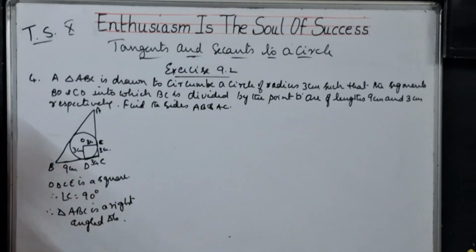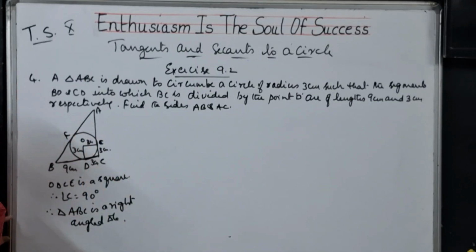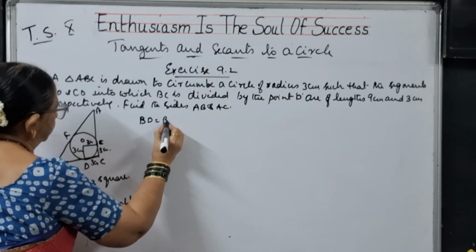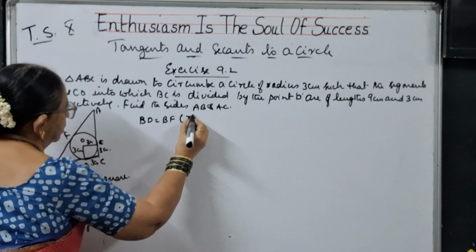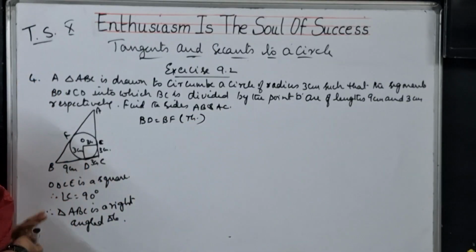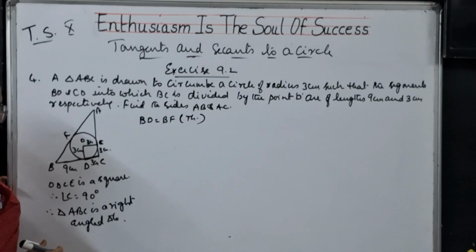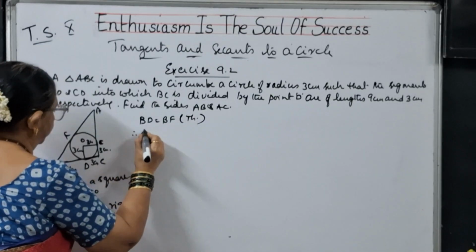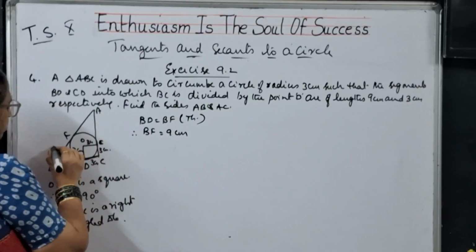Now, let me call this point E and this point F. BD is equal to BF, these are tangents. This is the theorem which we have proved: tangents drawn from an external point to a circle are equal. Therefore, what is BF? BF is equal to 9 centimeters.